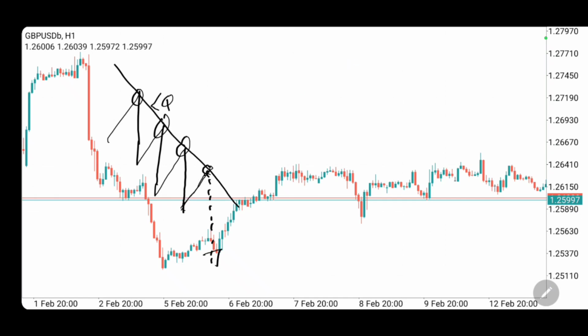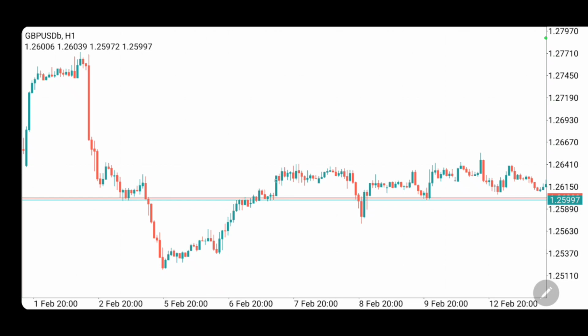You risk, maybe you want to take this trade from here. Most times the market will just go up, take out all the stop losses on the trend line, before it actually sells. I'm going to be showing you on a chart soon. So this is for the sell scenario.